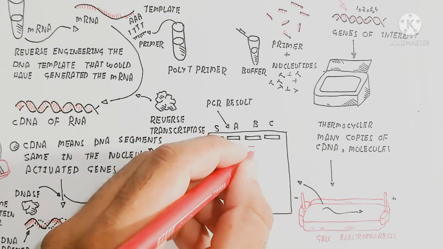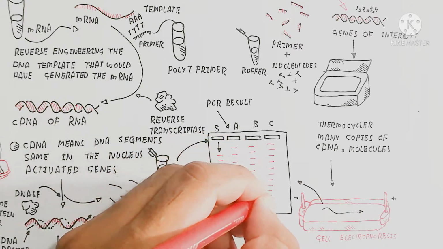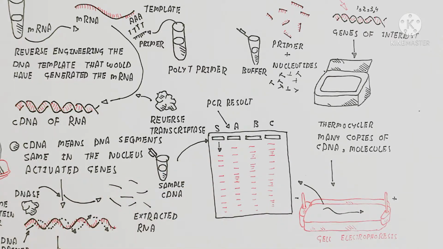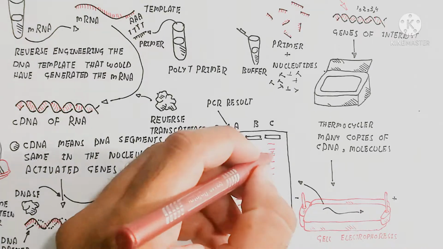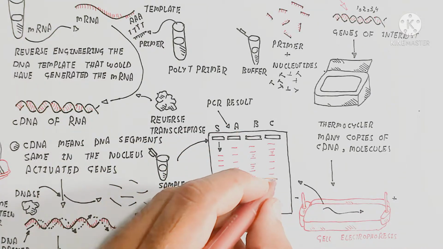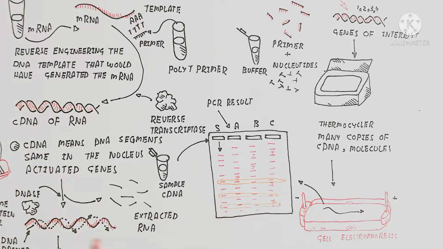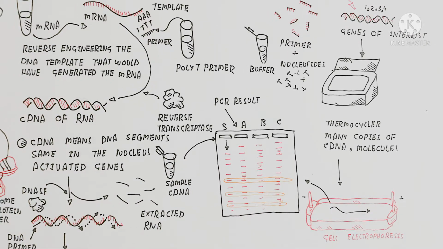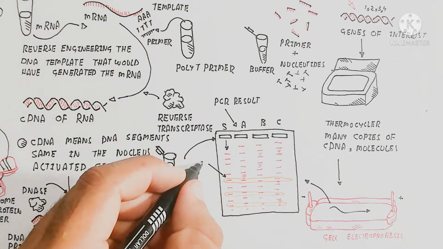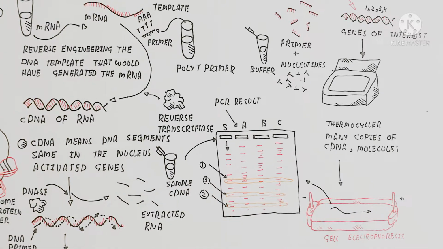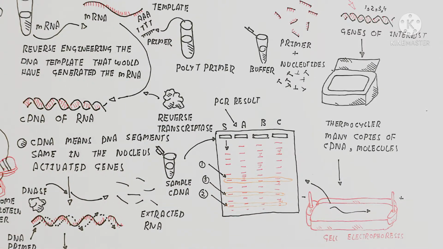After this separation of the segments on the basis of their density and size, we can match the segments against the normal size of the specimen, as we are taking the different stages of the gene expression. You can identify that the gene, as complementary DNA, is expressed in the different stages.